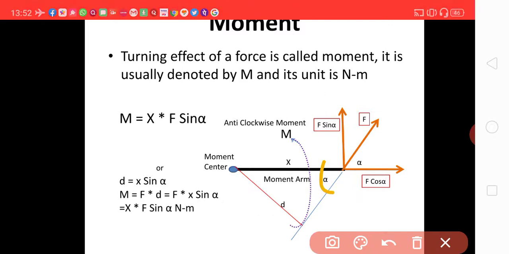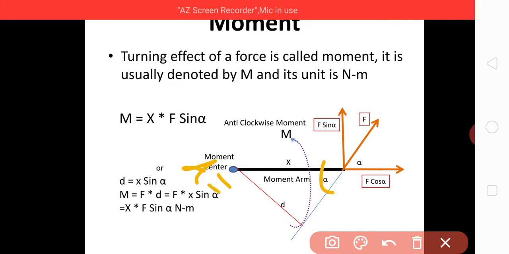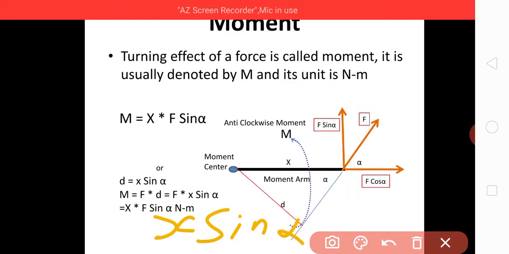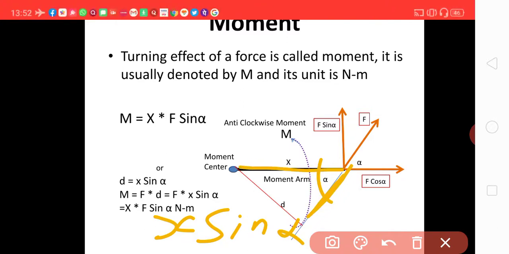Then this D becomes X sine alpha, because this is base, this is height, this is the hypotenuse, then sine alpha is height upon hypotenuse.